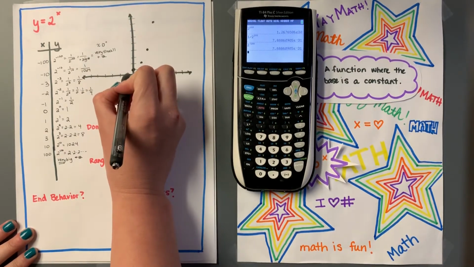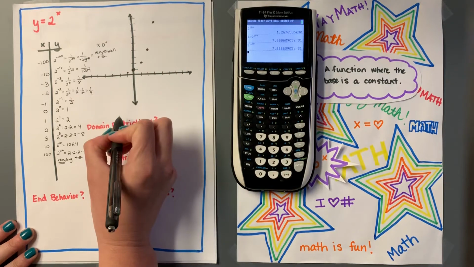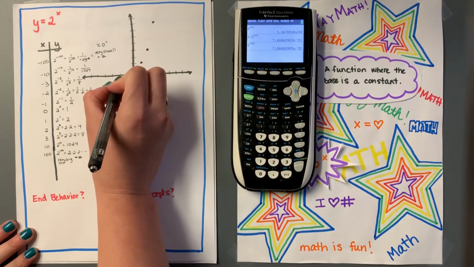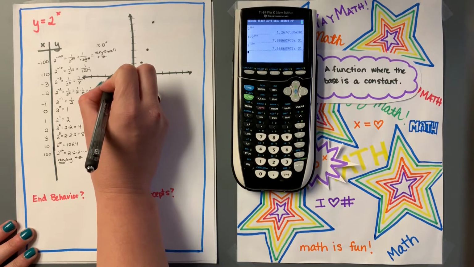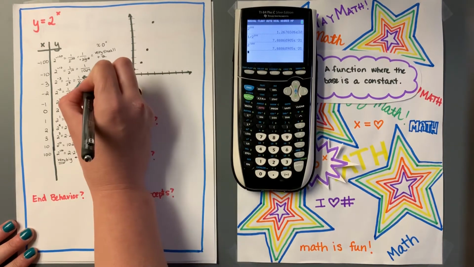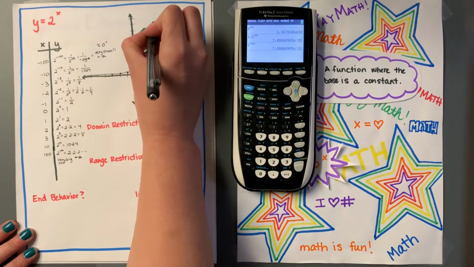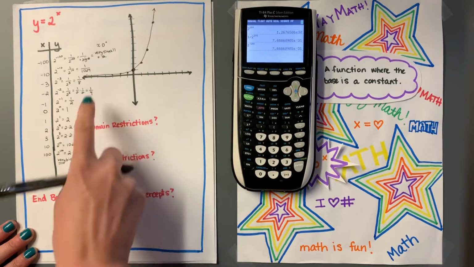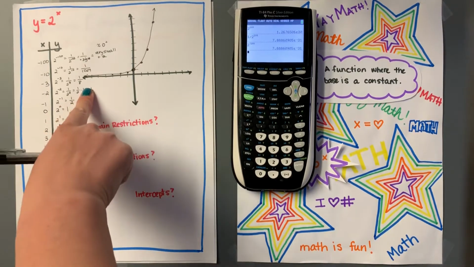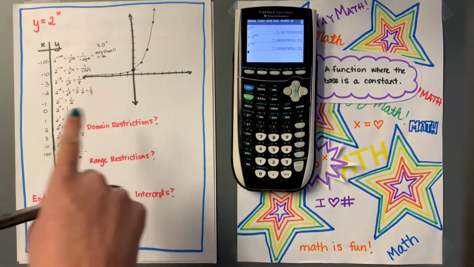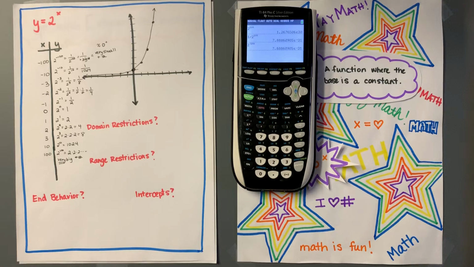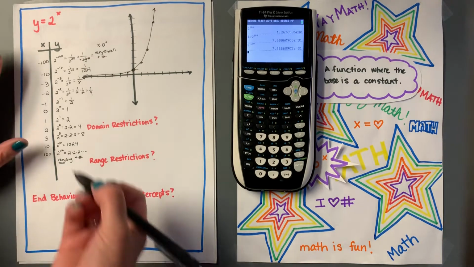So if I graph this, I have negative 1, 1/2. I have negative 2, 1/4, negative 3, 1/8, and we are getting much and much closer to 0 as we go to the left, but we are not ever going to equal 0, and we are not ever going to cross the axis of y equals 0.